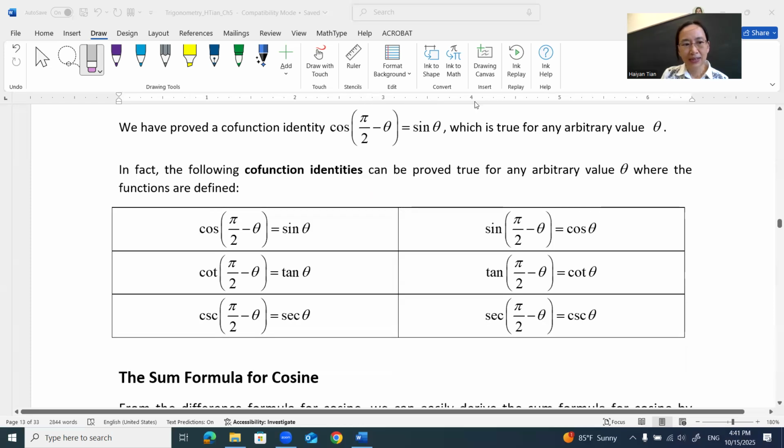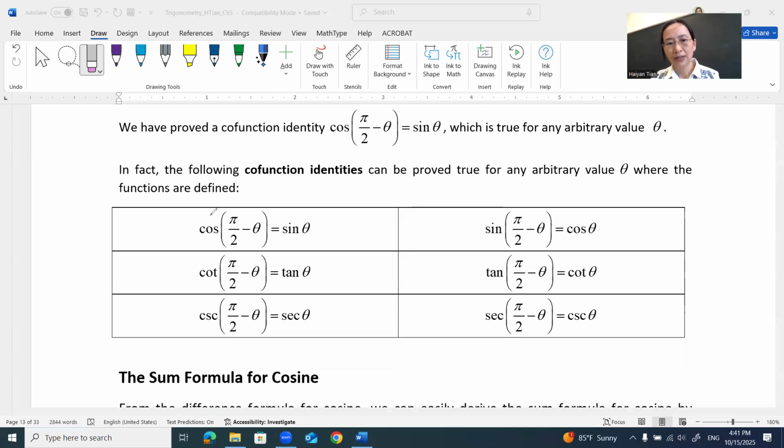That identity is one of the 6 cofunction identities that can all be verified. But right now we verified this cofunction identity, the first one: cosine of half of pi minus theta is equal to sine theta.